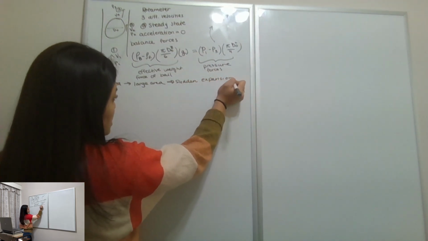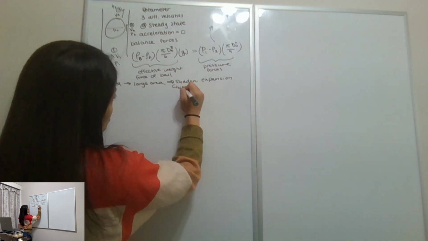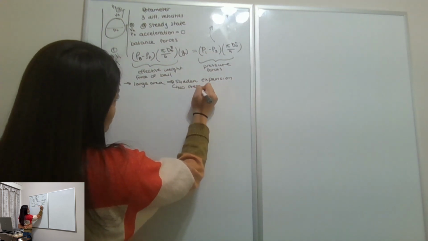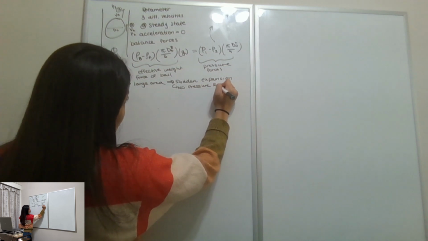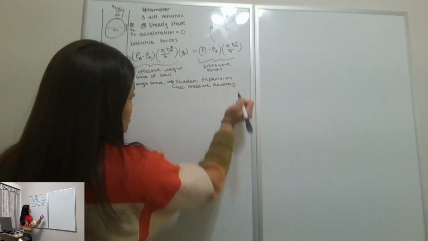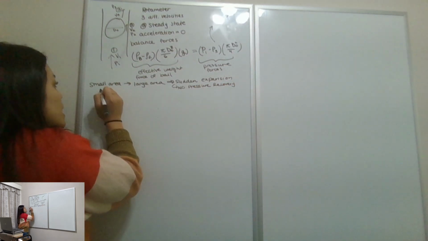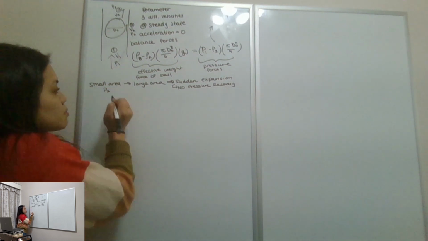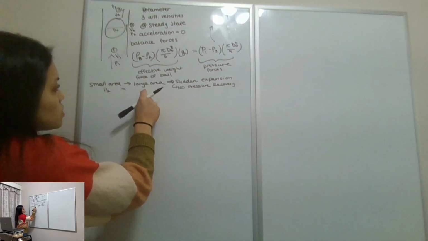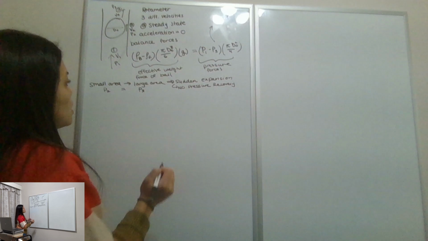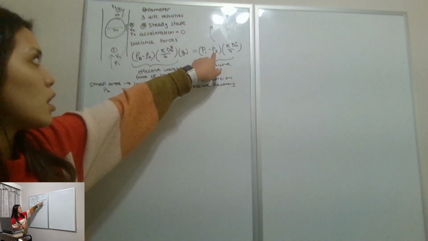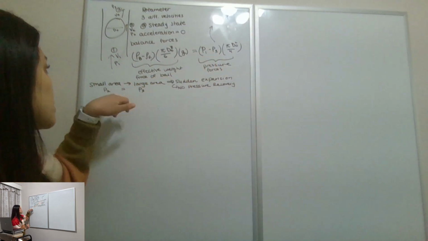This is important because with a sudden expansion, there is no pressure recovery. With no pressure recovery, that means that the pressure at position 2 at the small area is going to be equal to the pressure at position 3 at the large area. So we can plug in pressure 2 for pressure 3.